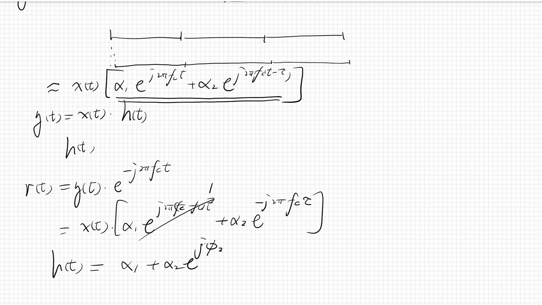Now, because the carrier frequency is usually quite large, even though tau is very small, the delay being the distance between those two paths divided by the speed of light, because the carrier is quite large, as we always said, I do have a quite large phase. It's a non-negligible phase here. We call it phi 2.